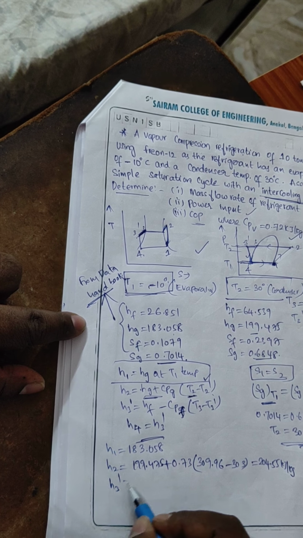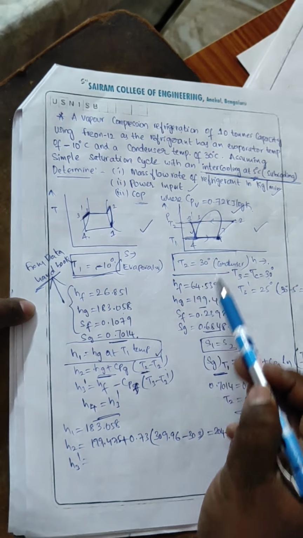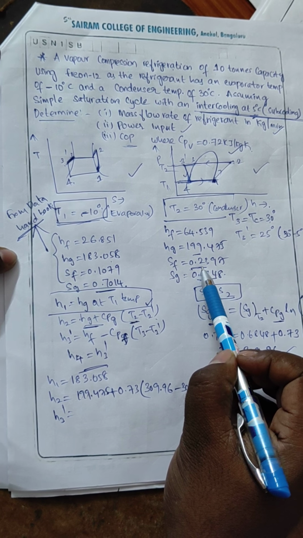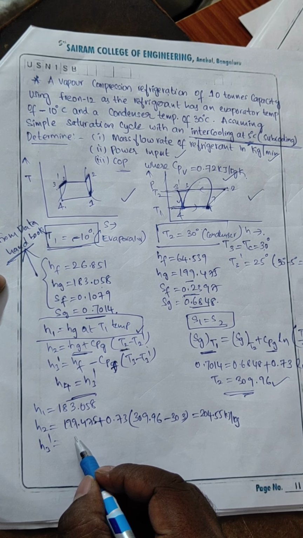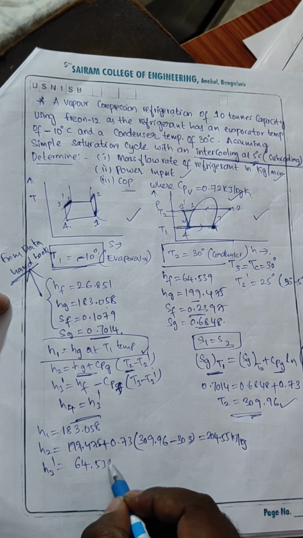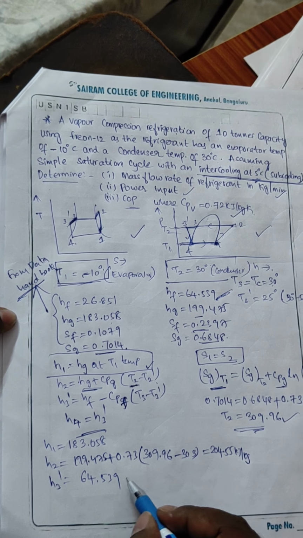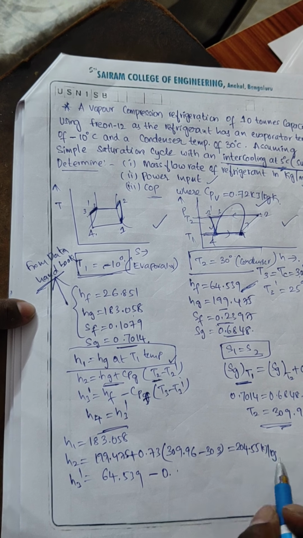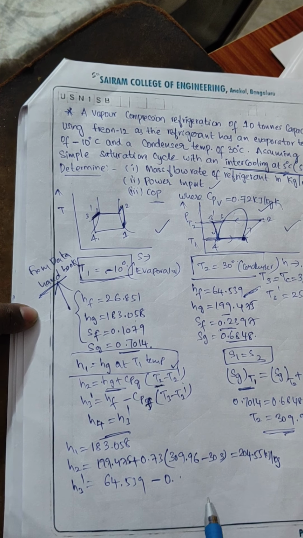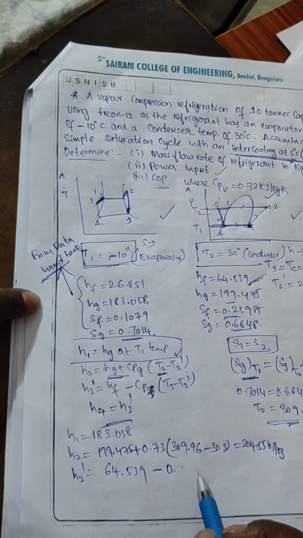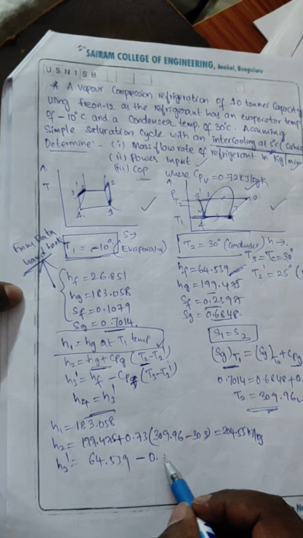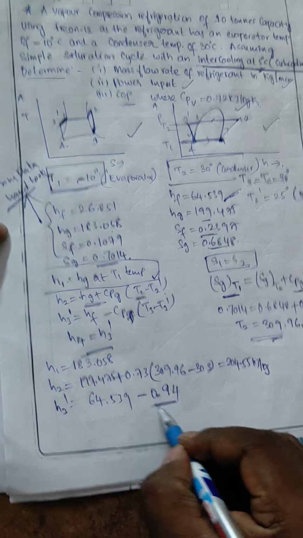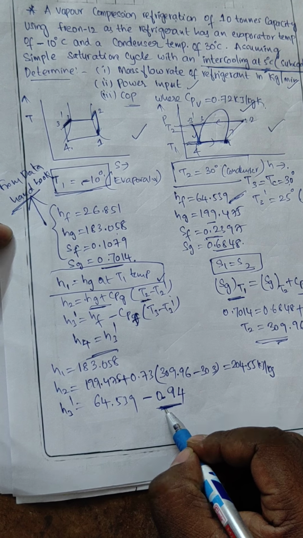Next, H3 dash is equal to Hf at the second temperature, which is 64.539, minus Cp of fluid, 0.94, times T3 minus T3 dash. This Cp of fluid value is a constant which will be given in the problem, or else it will be available in the data handbook.